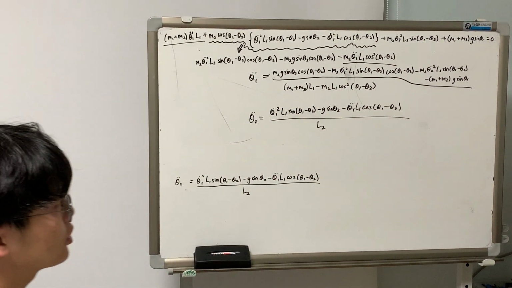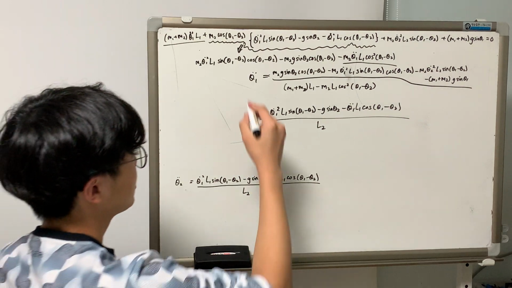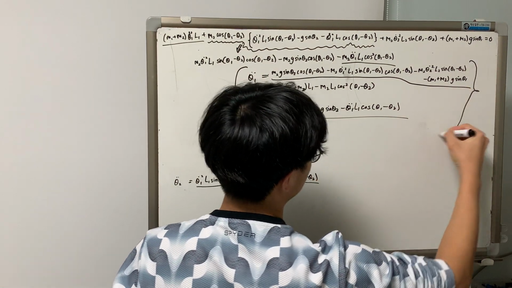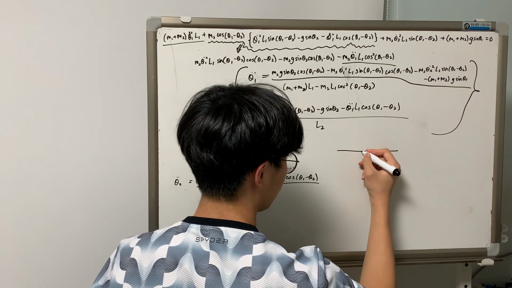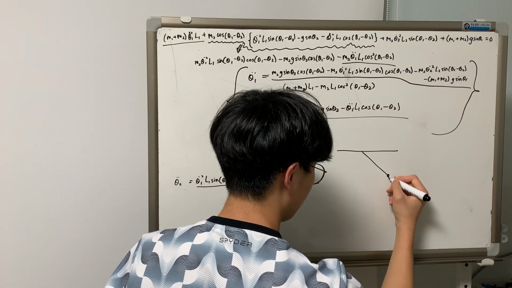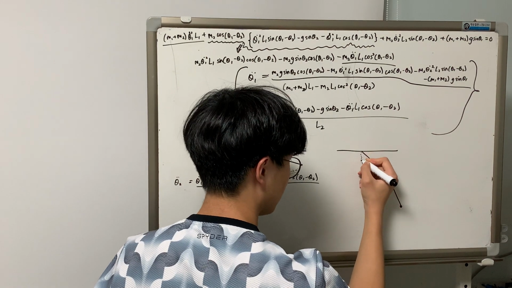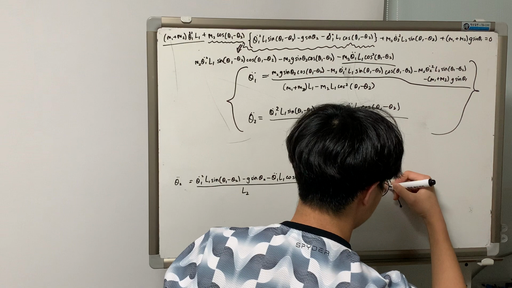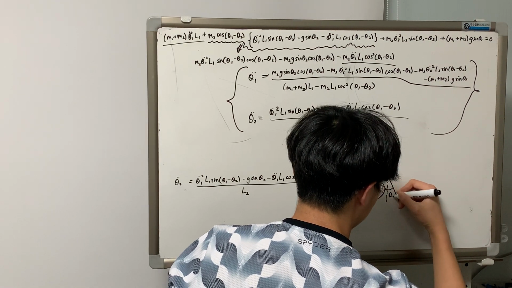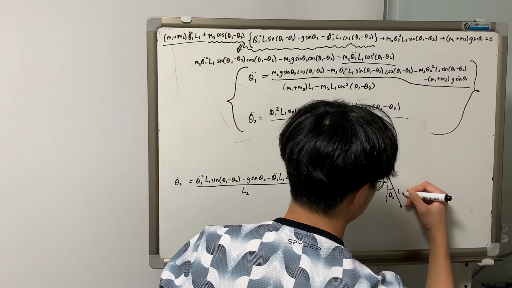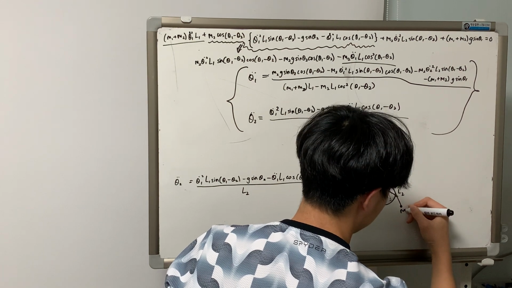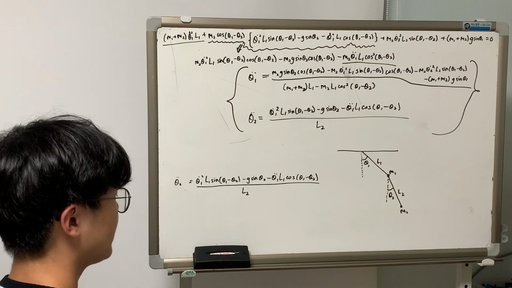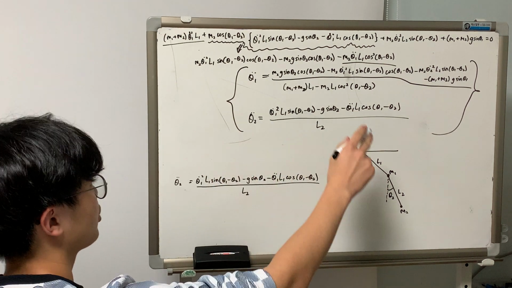Those are the two equations that define our pendulum system, which looks very simple. For a system where this is theta 1, this is theta 2, this is L1, this is L2, this has a mass of M1, and this a mass of M2, we define our system as such.